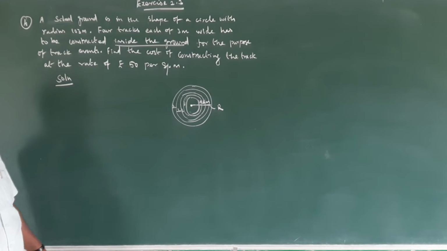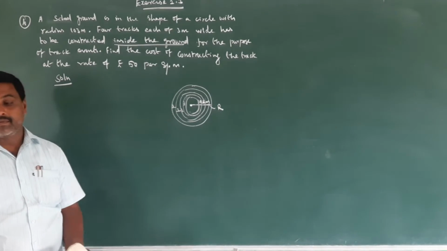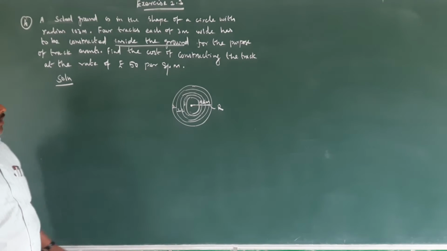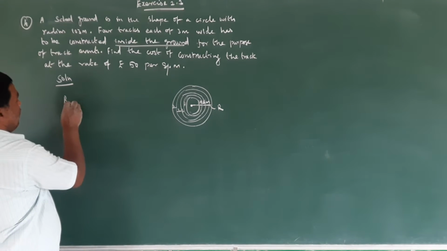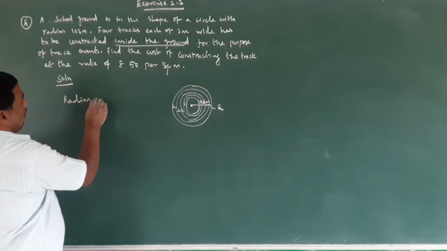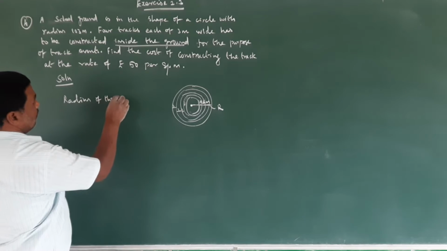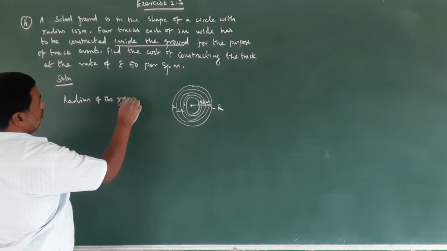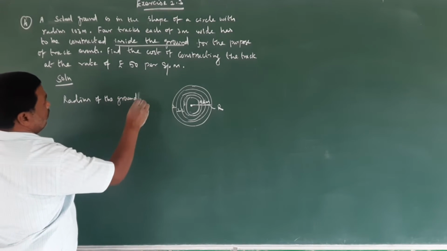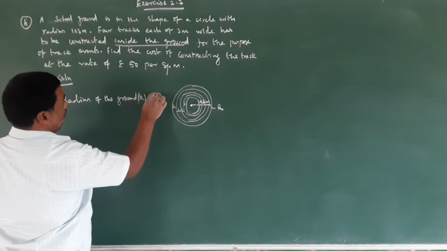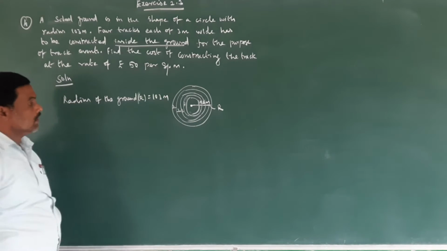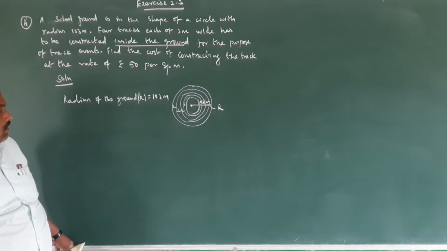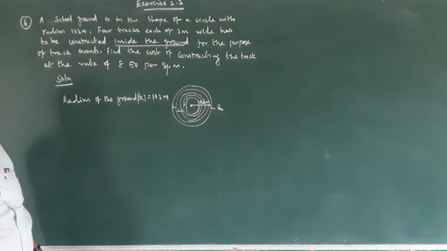Now that is capital R, the radius of the ground. Capital R equal to 103 meters. Radius of the ground equal to 103.